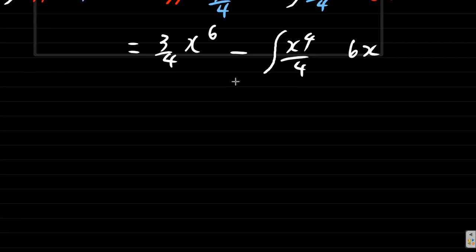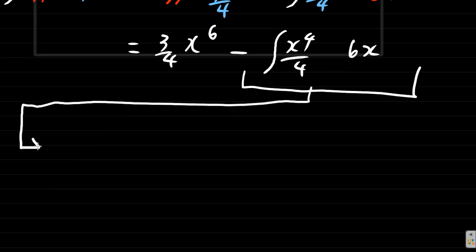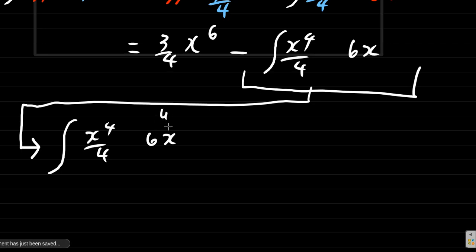Now, this part, let us bring it here and work on it. The integral of x to the 4 over 4 times 6x. Now, we're going to use 6x as our u. Let's rewrite it and put them in order.